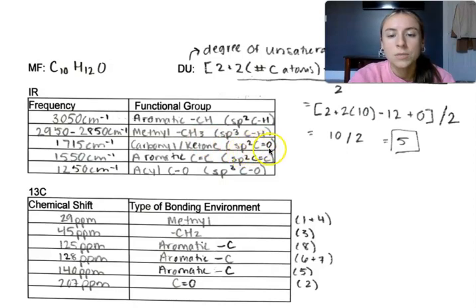The sp2 C double bond O is a carbonyl ketone, and that's around that frequency of 1715. The sp2 C double bond C is an aromatic bond, and then sp3 CO I found to be a CO bond.